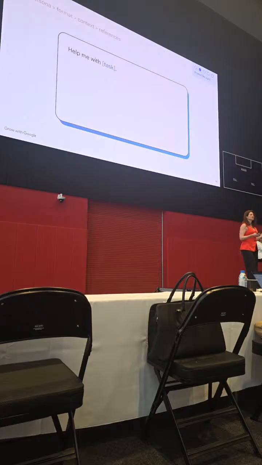Do you want it to create an image that shows an example of happy customers with your products and services? Whatever it is that you want it to do, that is the task, and you need to be very clear about what you're asking it to do. So that's the first ingredient in the prompt.